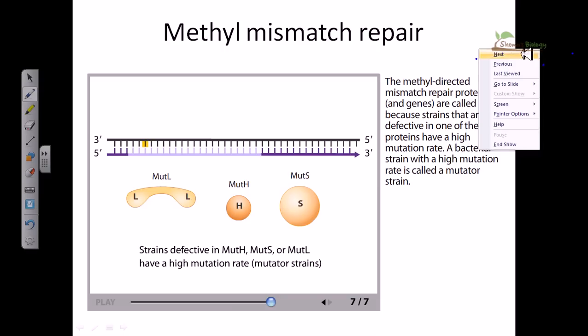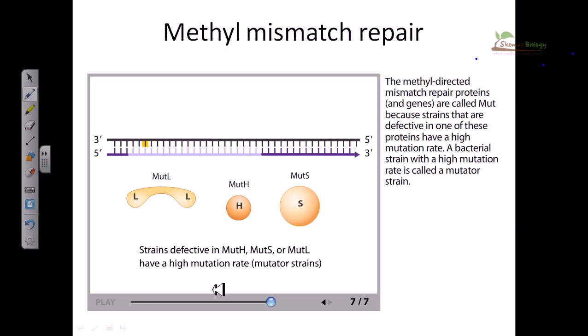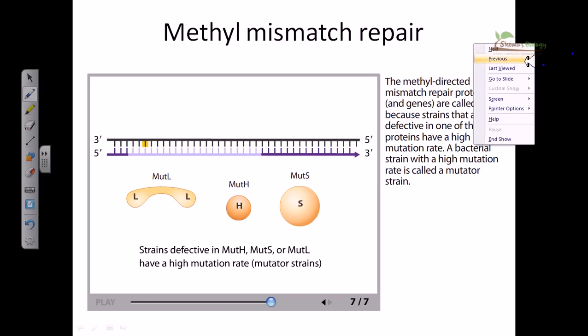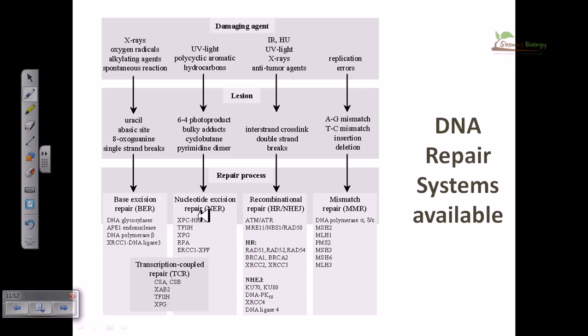The cell has a number of repair methods, including one called methyl mismatch repair to remove and replace a mismatched base. Methyl mismatch repair involves recognition of the methylation pattern in DNA bases. E. coli methylates its DNA at the palindromic sequence GATC using an enzyme called deoxyadenosine methylase or DAM methylase. DAM methylase adds a methyl group to the adenine in both strands of the sequence.